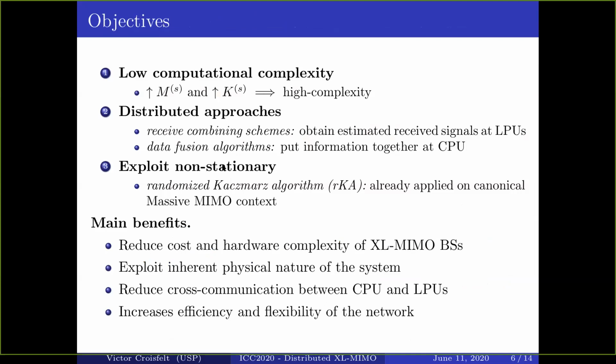In this way, we are able to reduce cost and complexity of the hardware employed in LPUs and the CPU. We can also reduce cross-communication between CPU and LPUs and increase the efficiency and flexibility of the network as a whole.